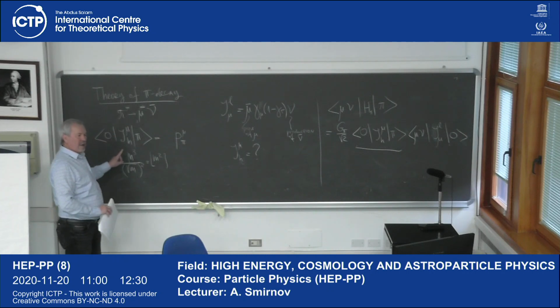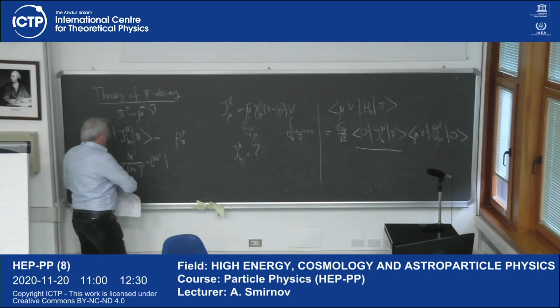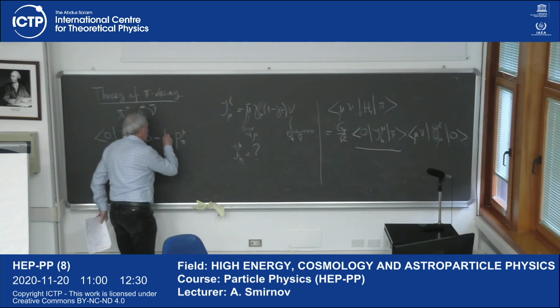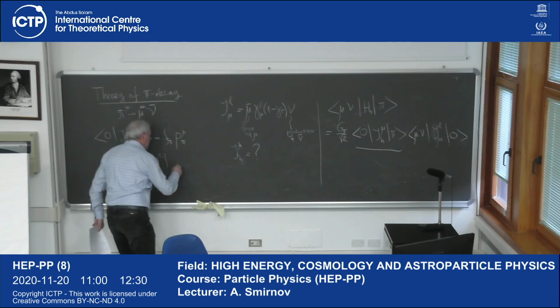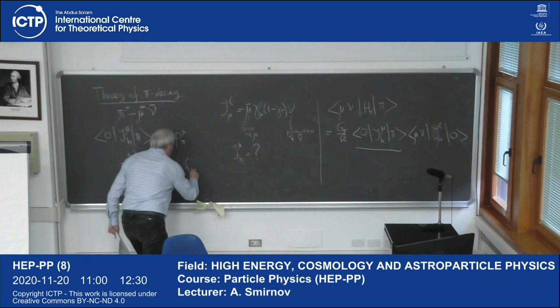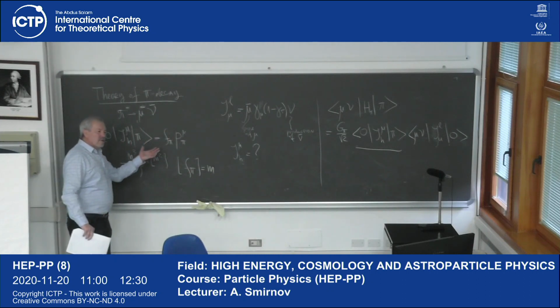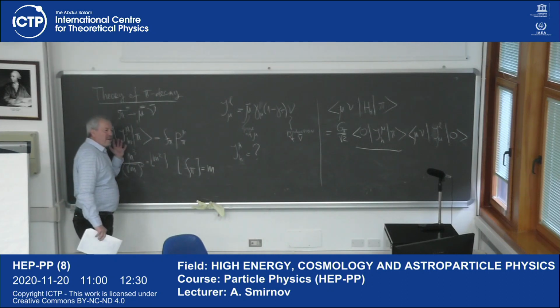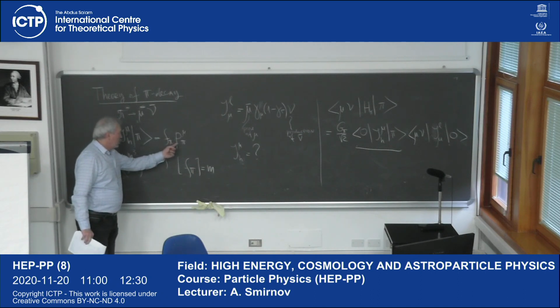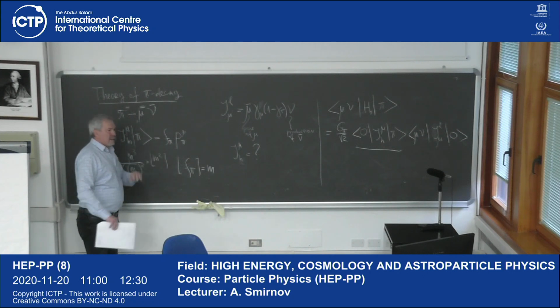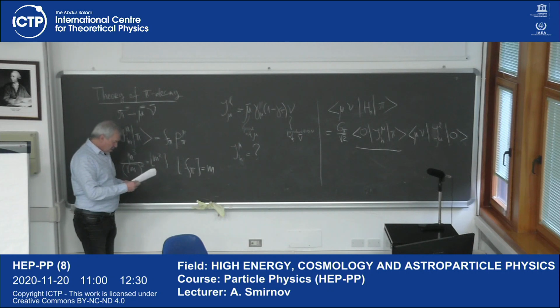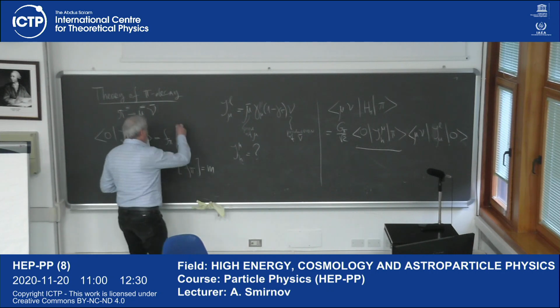So this has dimension mass squared. And therefore we need to add something here which has dimension of mass to match dimensions. So it's already not small, right? So without knowing anything here, we can conclude that our matrix element should be equal to the momentum of the pion and some constant, which is actually called the pion decay constant.